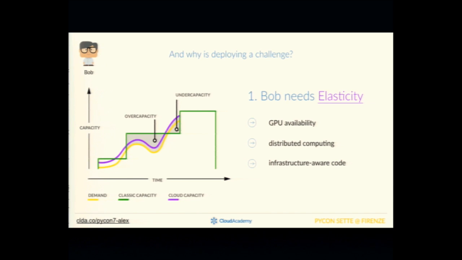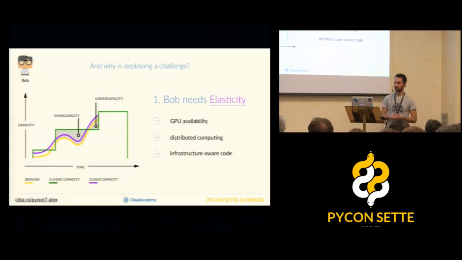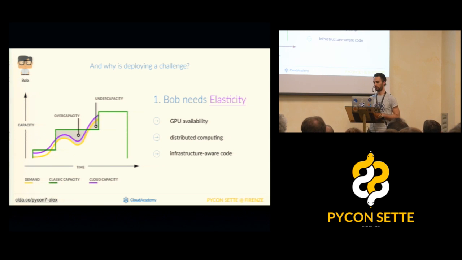If you use scikit-learn or something like that, some people even think it's not production ready because it doesn't scale, because it's not GPU optimized, and it's really hard to build distributed computing if you already have a very nice model in scikit-learn. And even building infrastructure-aware code is not as simple if you're not a DevOps or something like that. It's fun, but as a data scientist, maybe you don't want to. You want to focus on your beautiful model.